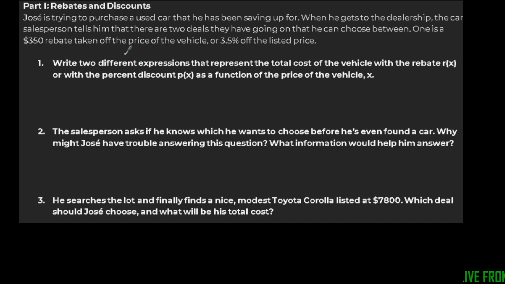So a couple different things we can say. We're going to write our function. We do green and pink again. So I'm going to say I have R of x is going to be equal to whatever the sale price is minus the $350. And then for the percent discount, we'll have to write it as a decimal first.